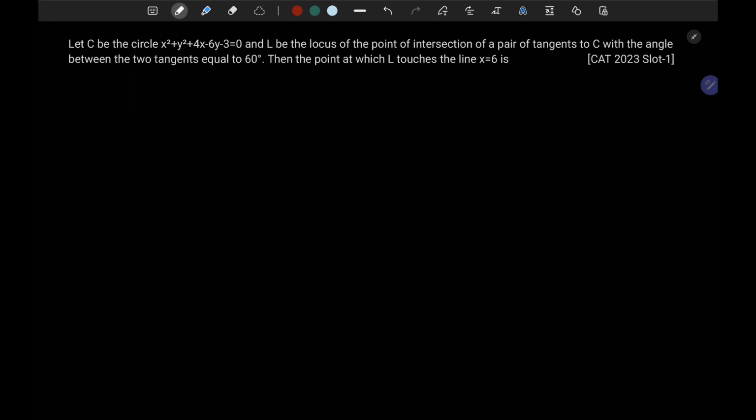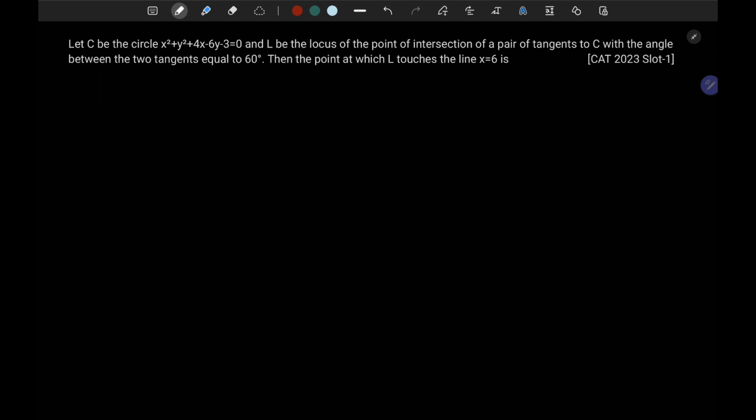Today I am back with another problem of quant. This is a problem of coordinate geometry from the CAT 23 slot 1 paper. It has given you an equation of a circle on the xy plane. You can see the equation. It has also said that L is the locus of the point of intersection of a pair of tangents to the circle, and then it has given you a condition that those two tangents make an angle of 60 degrees between themselves, and the question has asked you the point at which L touches the line x equal to 6.